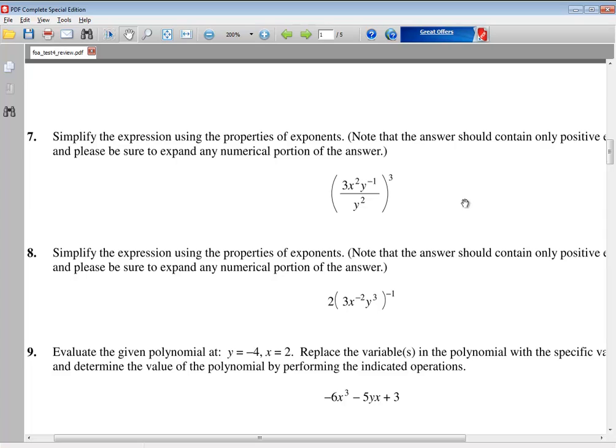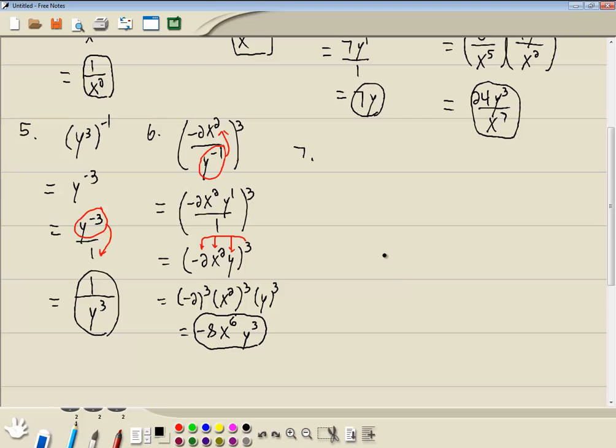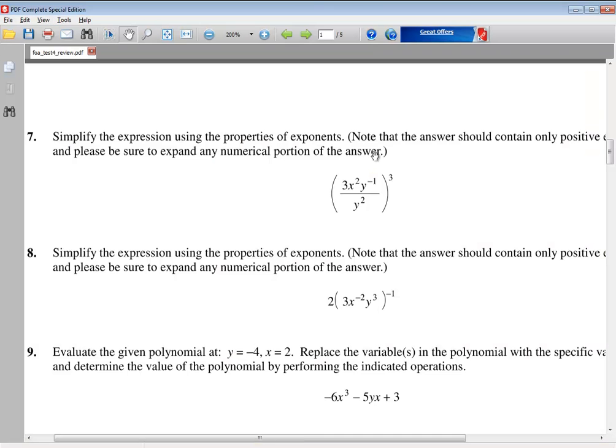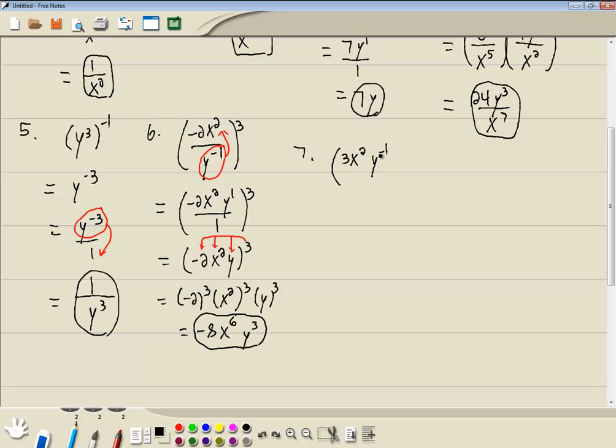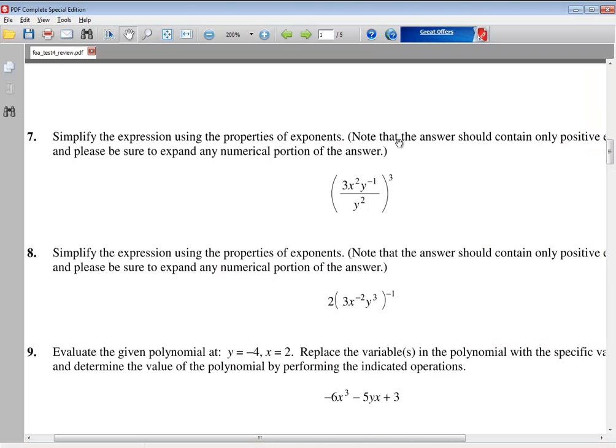Okay. Simplify the expression using properties of exponents. Still doing the same thing. So we got 3x squared y to the negative 1 over y squared, raised to the third power.